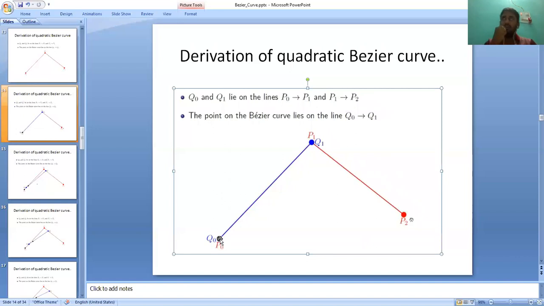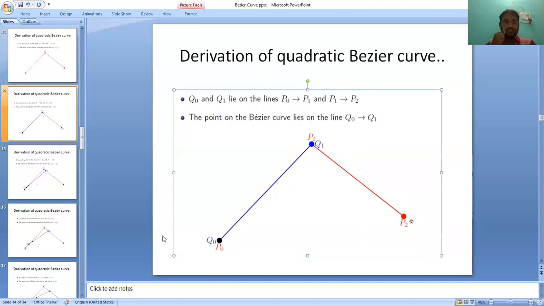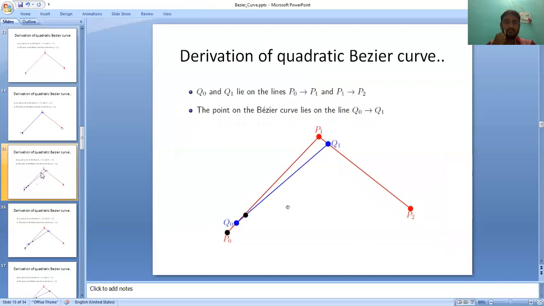Now I have told you the points on this line will be helpful in determining the points that lie on the Bezier curve. So the first point of the Bezier curve is calculated here. Again, in the second scenario, we are shifting Q0 from P0 by some parameter t equal to 0.2 or 0.1, anything else.